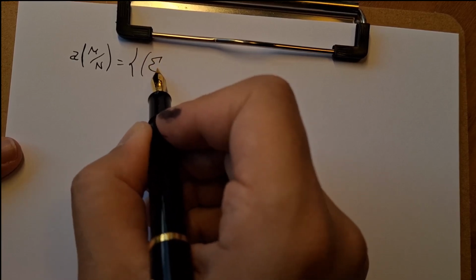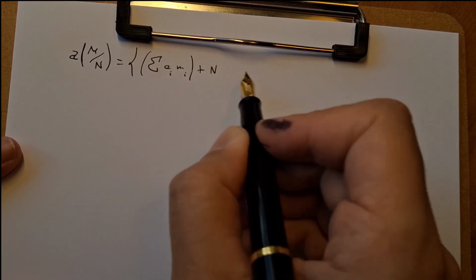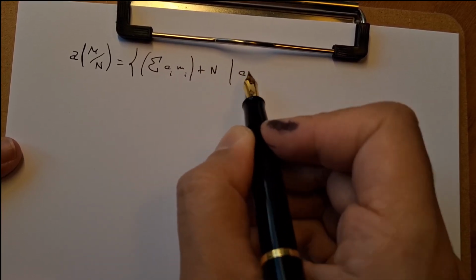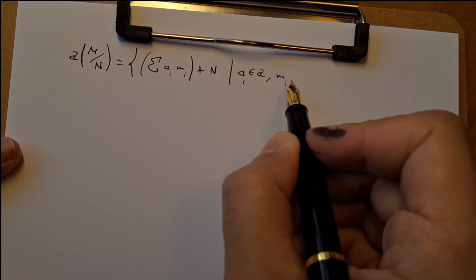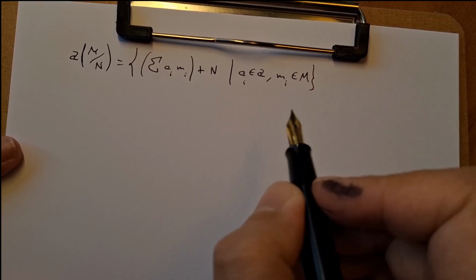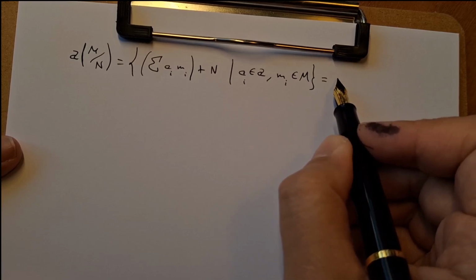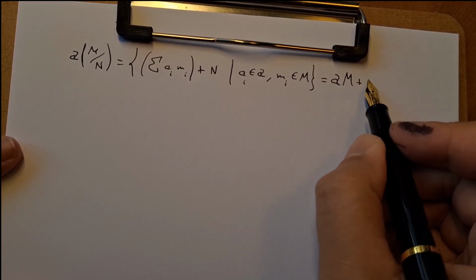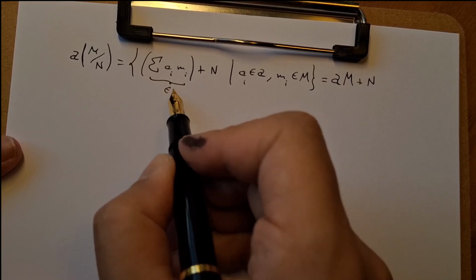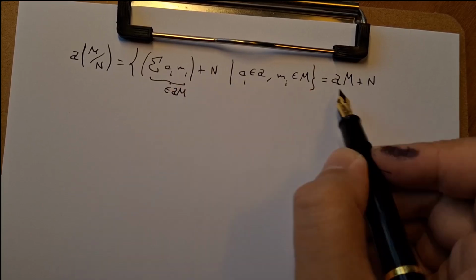So we had the summation of A sub i M sub i plus N, and here we have A sub i being a member of the ideal A, and M sub i generators of M. This is, as we saw, saying A multiplied by M plus N, because this is the ideal A multiplied by M. So then this is AM plus N.